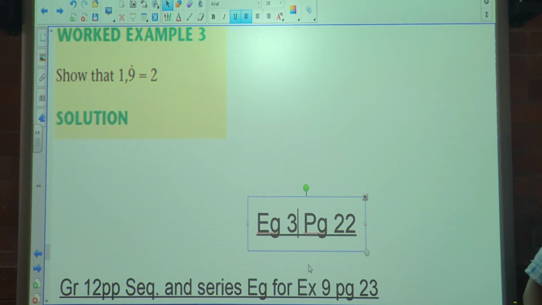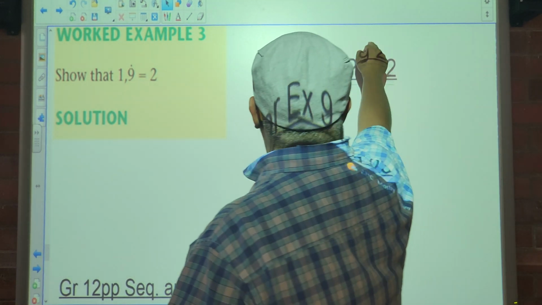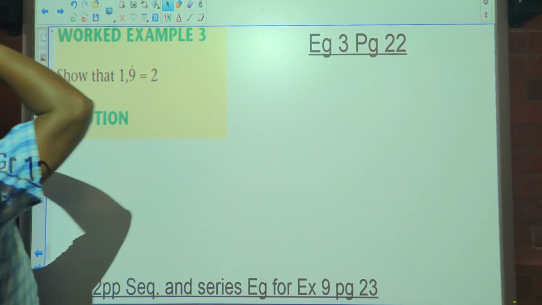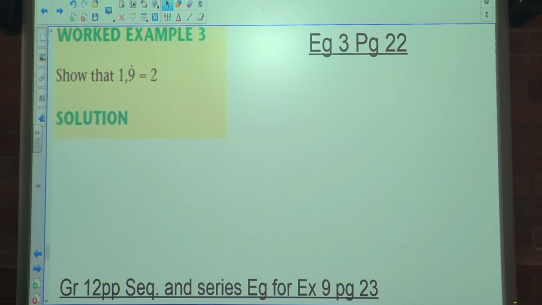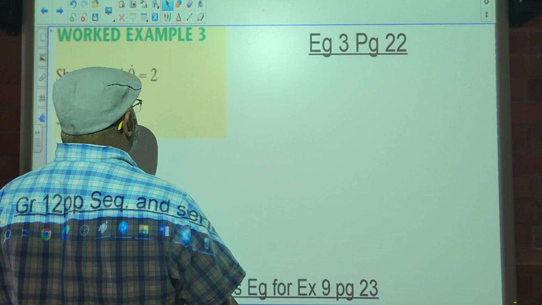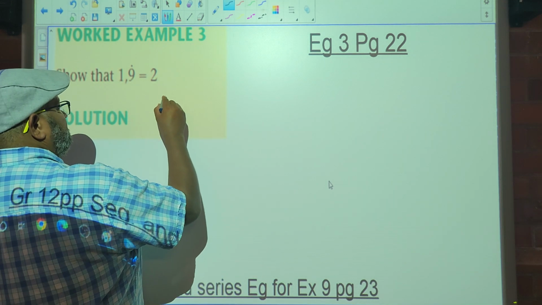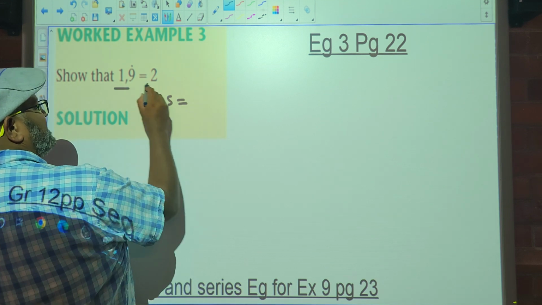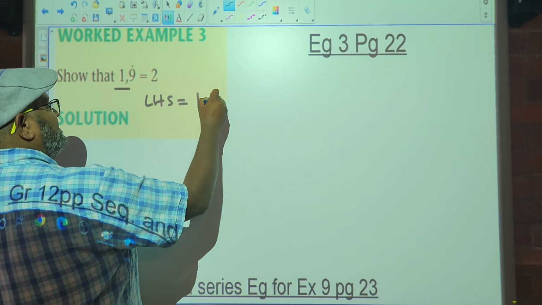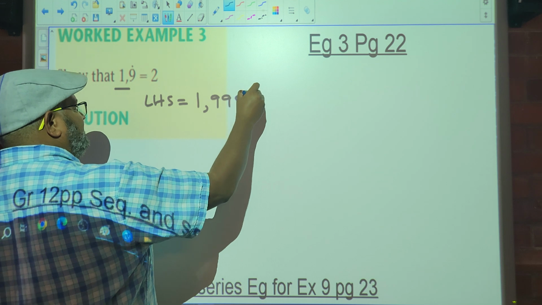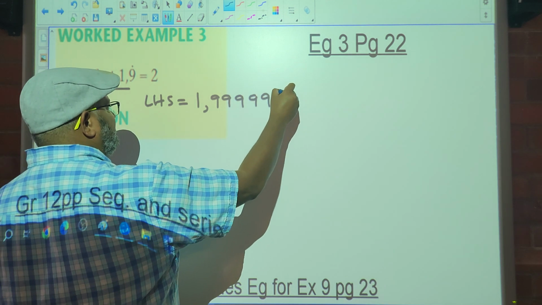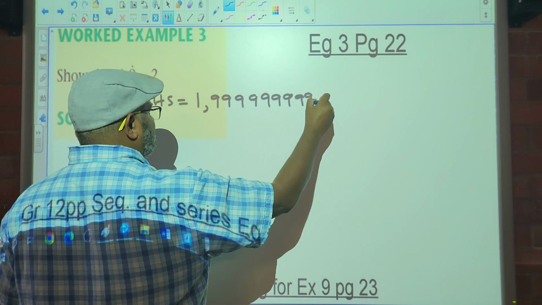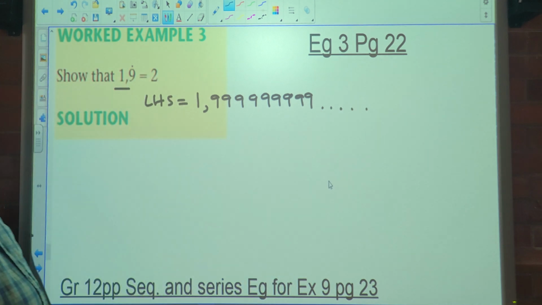Okay? So 1,9 recurring, I must write the left hand side of course. But write this out, it's going to be 1,999999999. Not so? And that carries on.